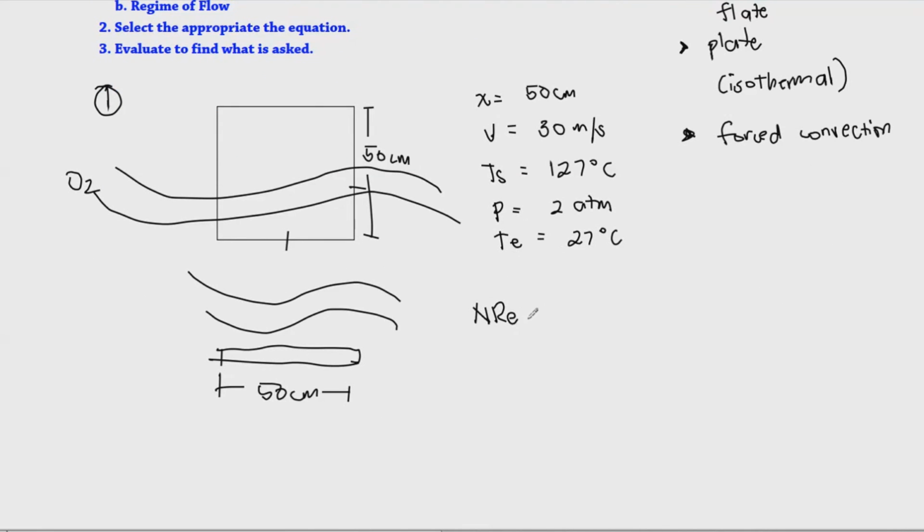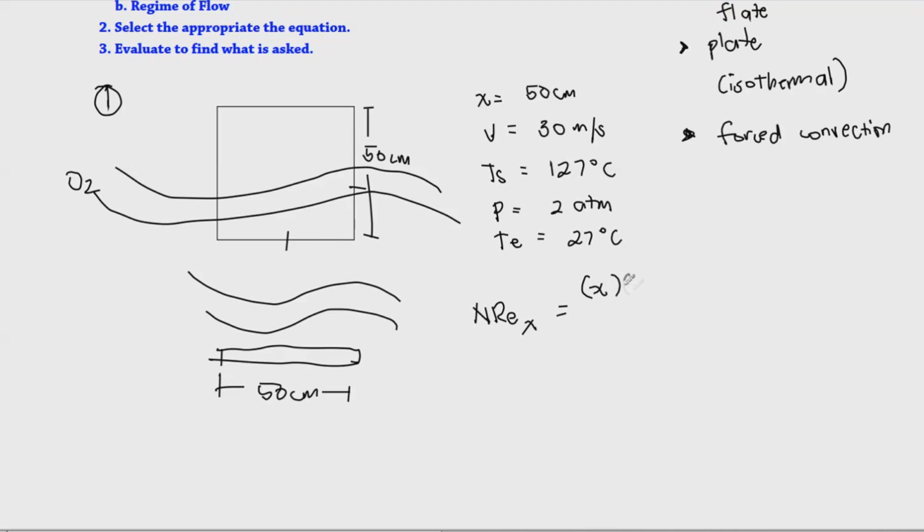And since that's a plate, I'll be writing some X here. That means I'll be evaluating the Reynolds number not in terms of the diameter, but the measurement of a side of our plate. Remember that is the diameter, but since we don't have any cylinder here, I'll be using X, since that's the length considered in our problem.